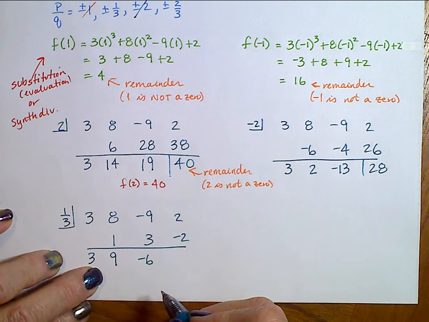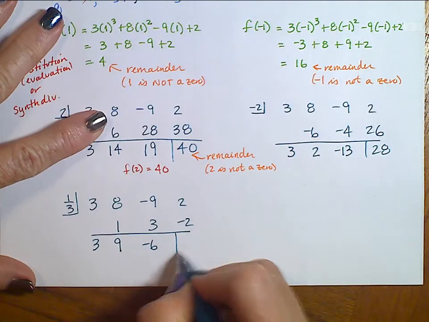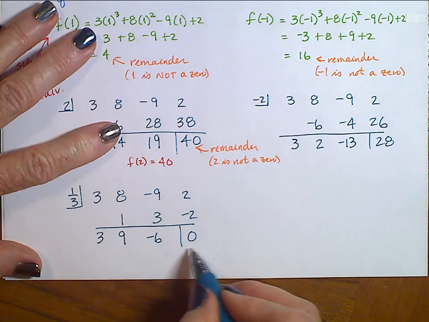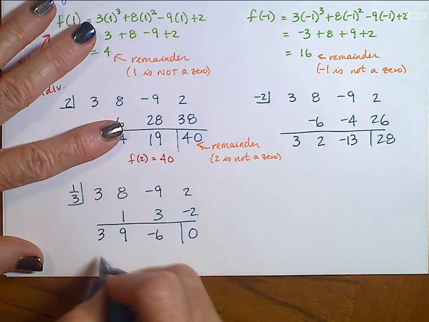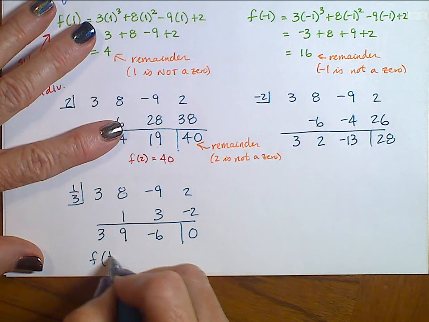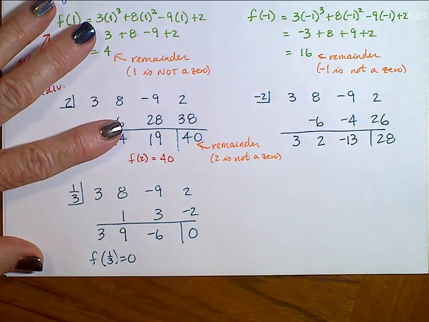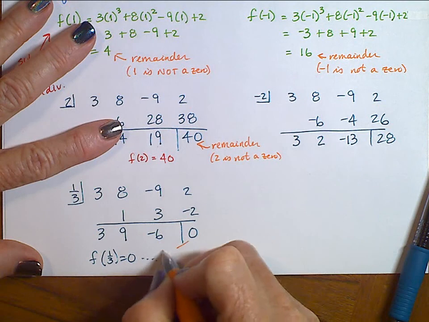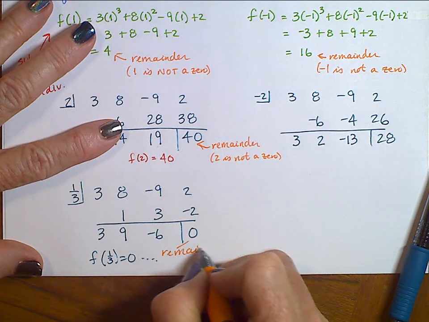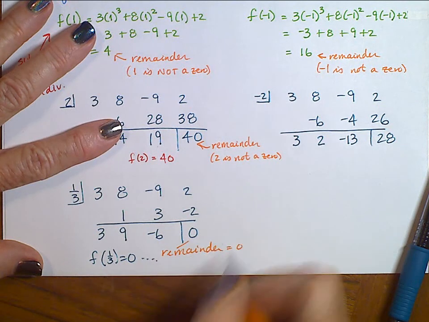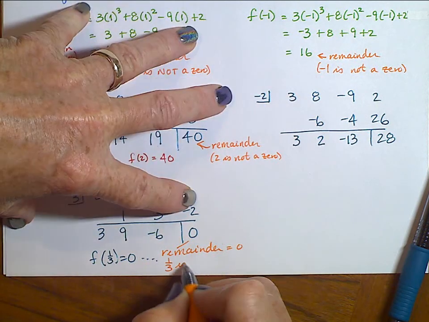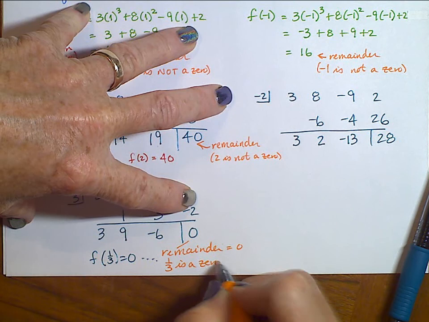Are you smiling? Remainder 0. Yay! This means that f of 1/3 equals 0, which means that 1/3 is a zero of the function.